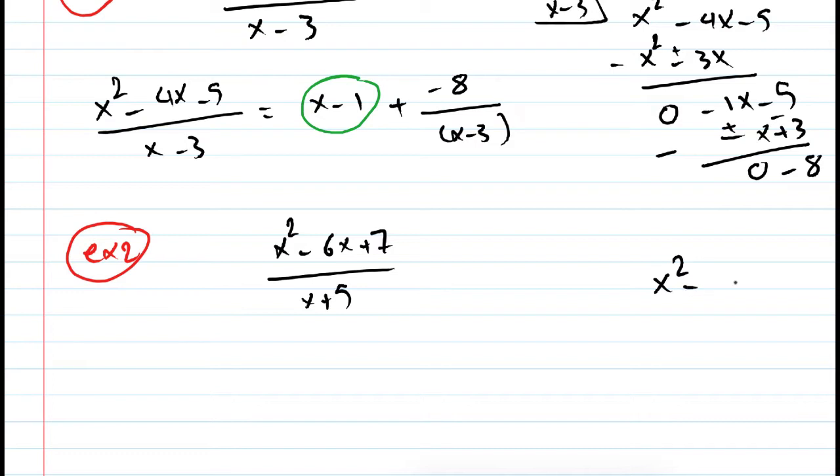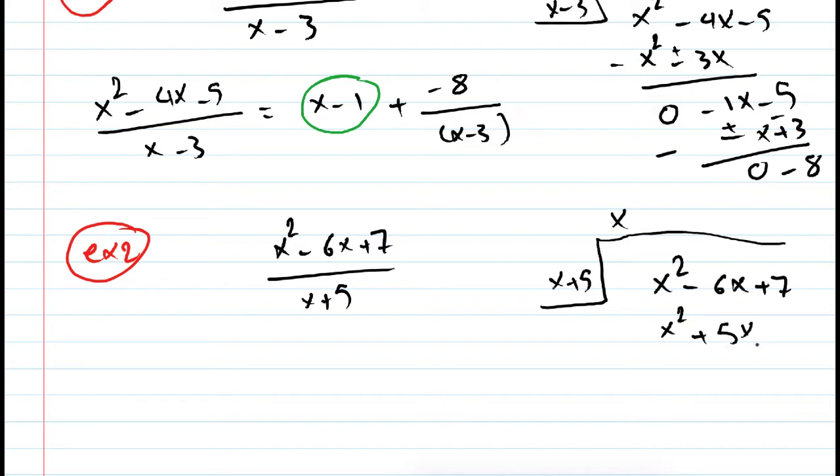X to the 2 minus 6x plus 7 being divided by x plus 5. So x to the 2 divided by x is just x. X times x is x to the 2 plus 5x. Okay, if we do this subtraction, we will have 0 right here, and then we have minus 11x. We will bring this 7 down.